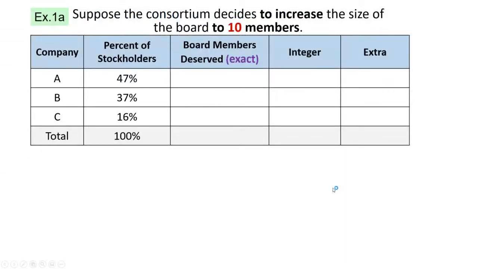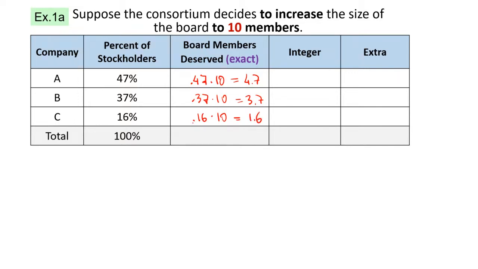Let us do it another couple of times. So suppose that we want to increase the size of the board to 10 members. So the number of board members deserved will be 0.47 times 10, 4.7, 0.37 times 10, 3.7, and 0.16, 16%, times 10, the number of representatives to assign will be 1.6.